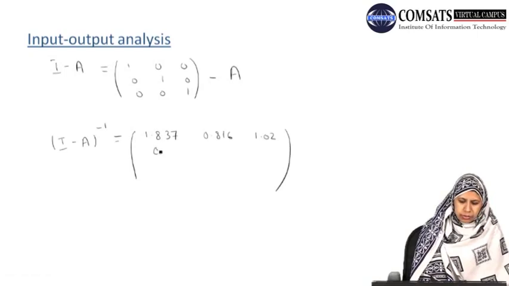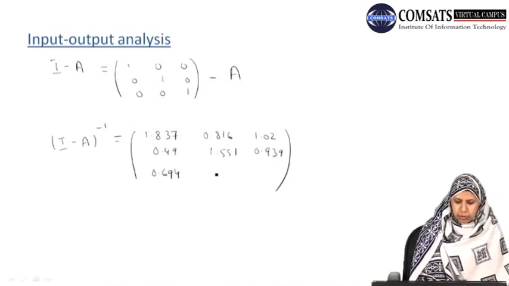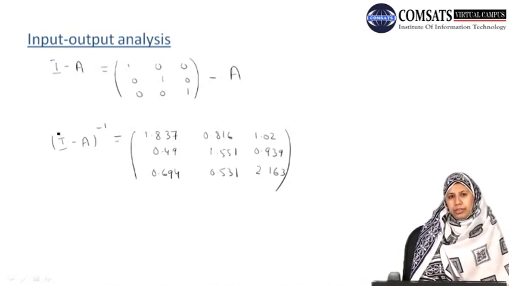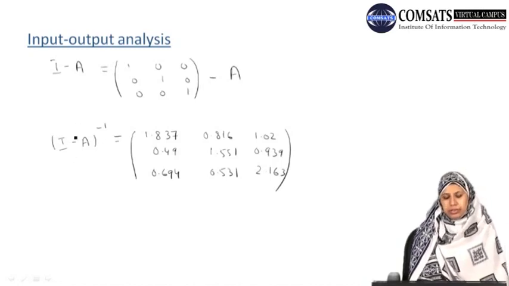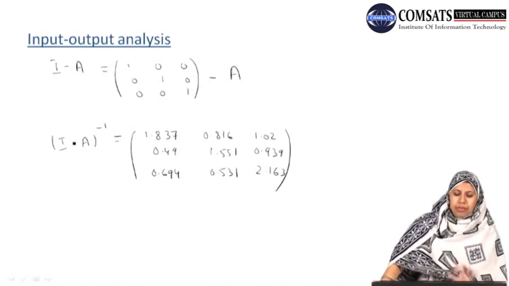The second row is 0.49, 1.551, 0.939, and the last row is 0.694, 0.531, and 2.163. You can find the inverse of this matrix by any of the methods you are comfortable with, either by using the Gaussian transformation method or by the method of cofactors. Now we have found the inverse of the matrix I minus A.